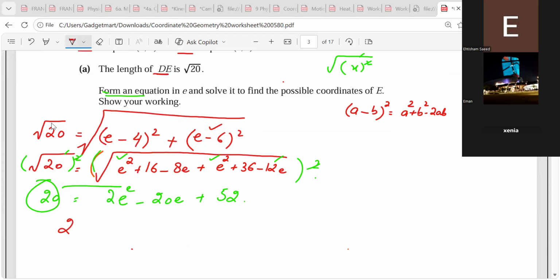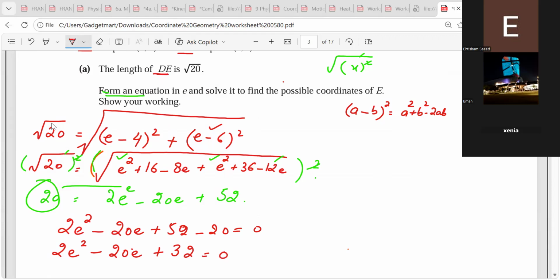So this will be 2e square minus 20e plus 52 minus 20 equals to 0. When we solve it further, 2e square minus 20e plus 32 equals to 0. So this is the equation that they have asked us to make. So this equation has been formed, okay? Is this point clear?